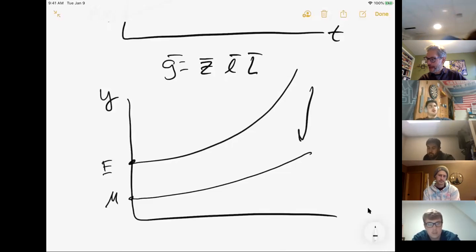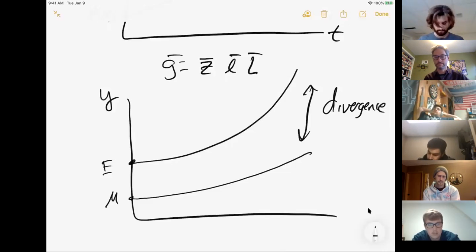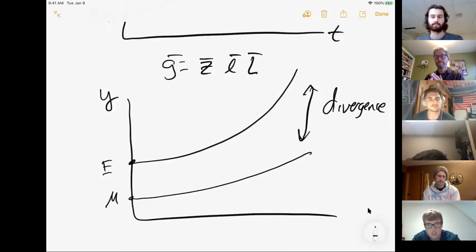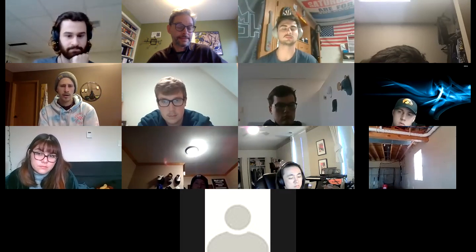So in other words, you actually get divergence here. Over time, Earth and Mars will have bigger differences in income levels, even though they're growing at the same rate, okay?